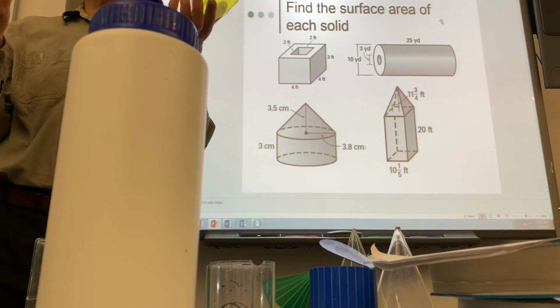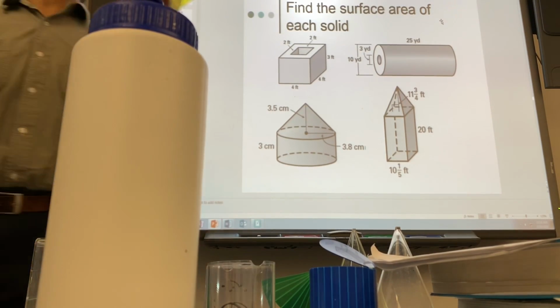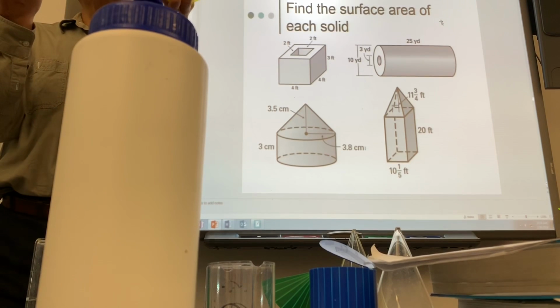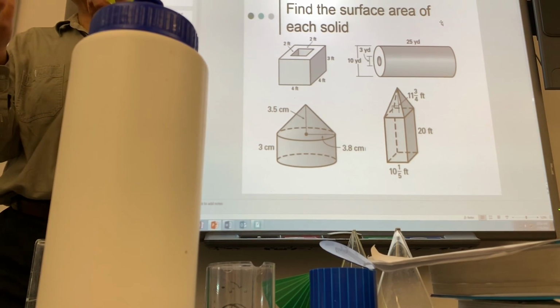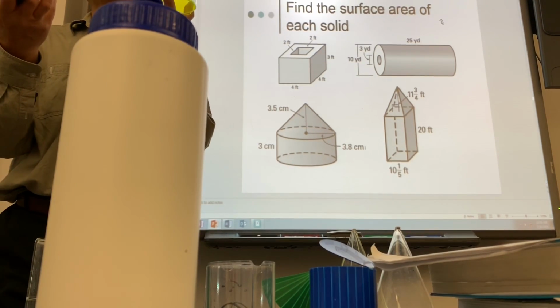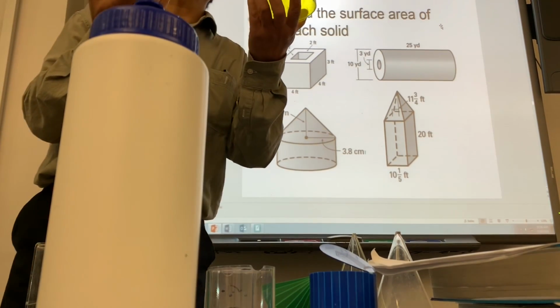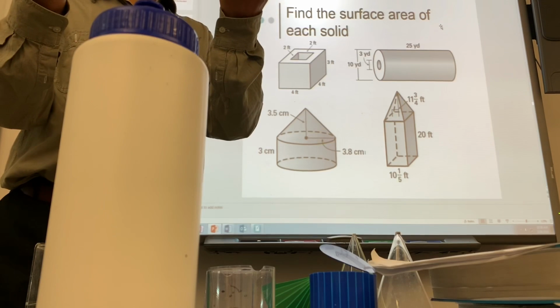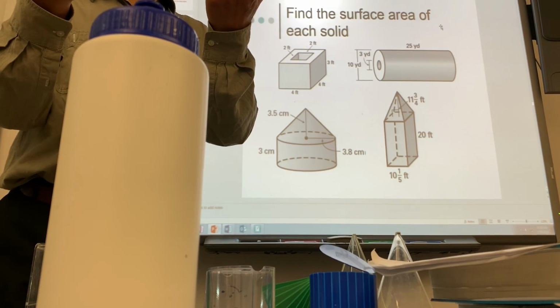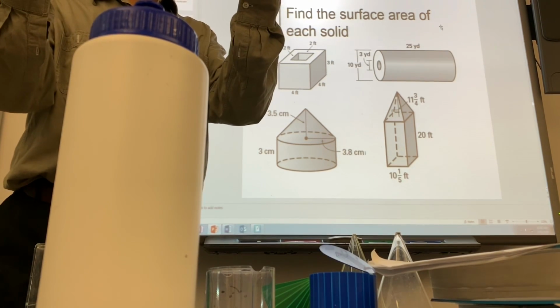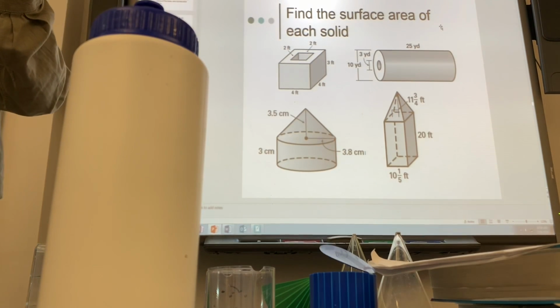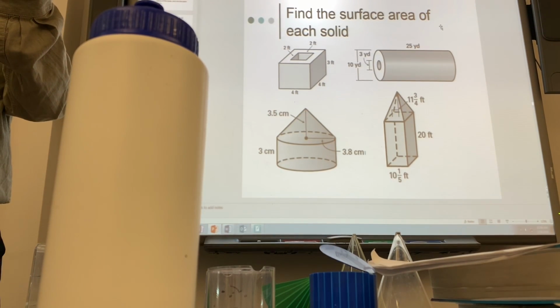Who can tell me the surface area formula for the prism and cylinder? Who is a volunteer? For a cylinder, is it 2 pi r squared plus 2 pi r h?